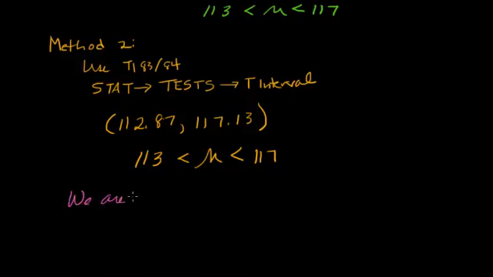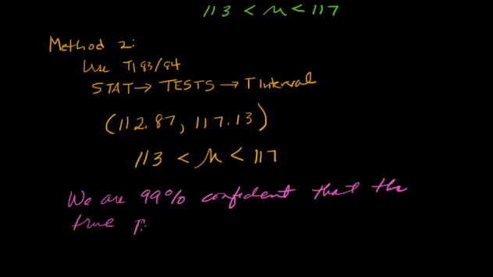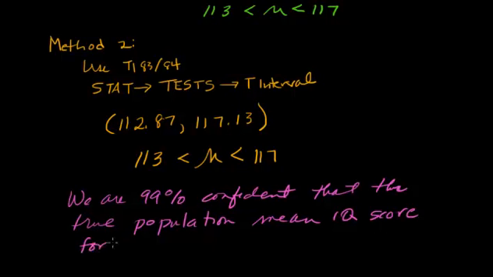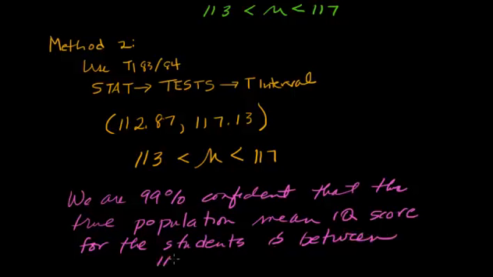So, we are 99% confident that the true population mean IQ score for the students is between 113 and 117.